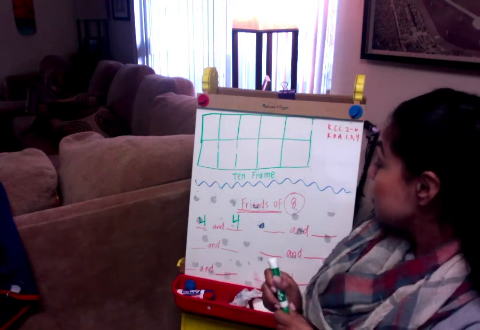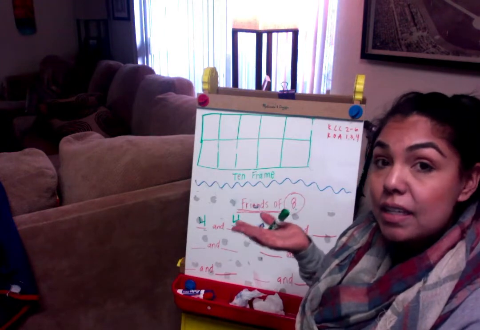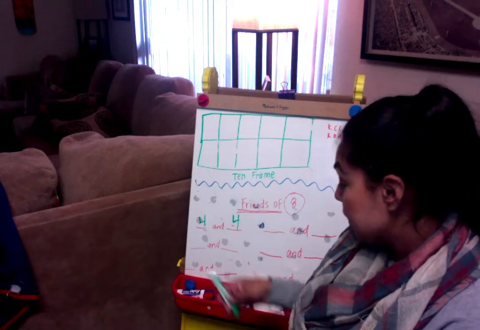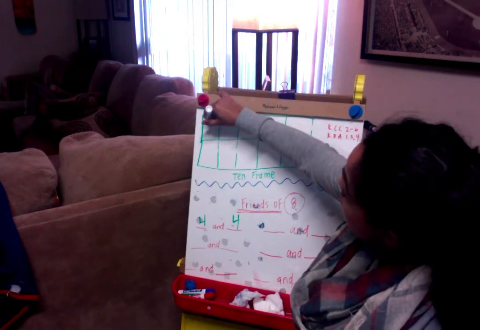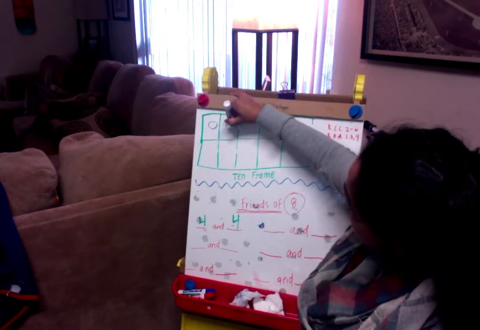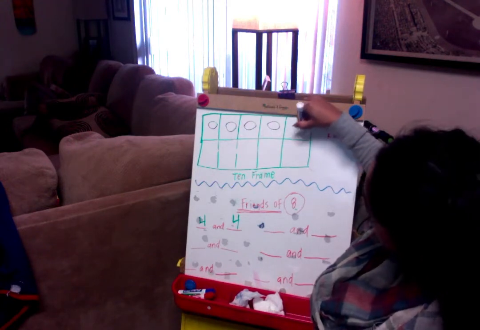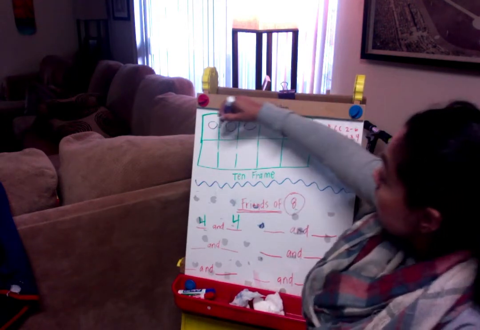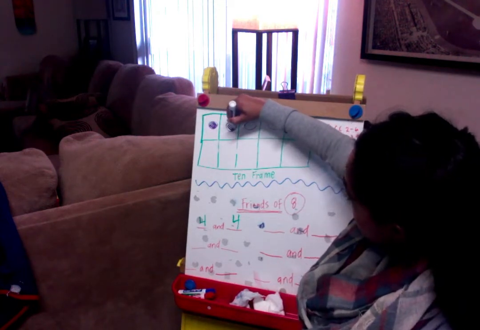All right, guys, so now what we're going to do is we're going to try to find a couple more friends of 8. We're going to use our 10 frame again. This time I'm going to use the color purple, okay? So teacher's going to do a couple of circles. I will shade them in with my purple.